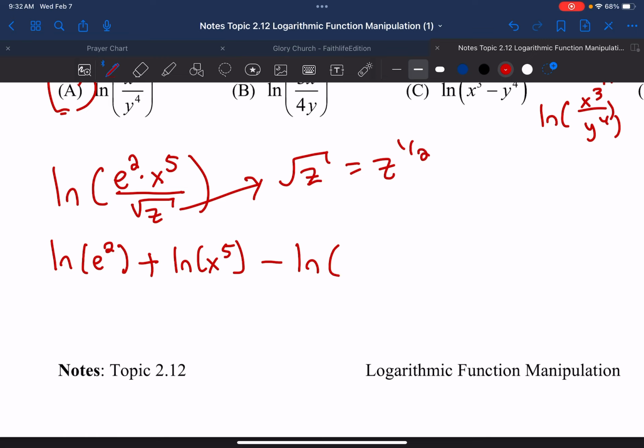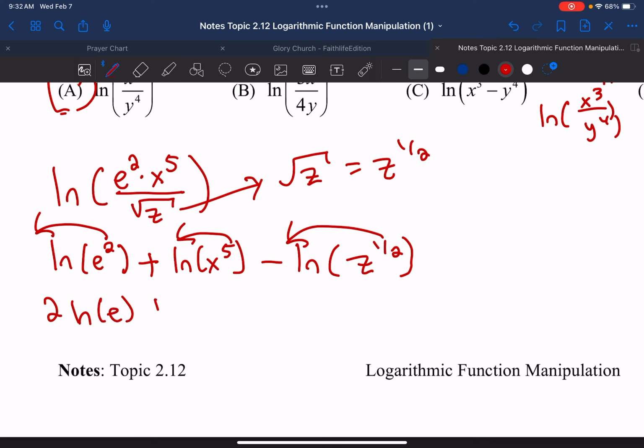So I'm going to go ahead and rewrite that as an exponent because it works out nice. z to the 1/2. Okay. Move the exponents to the front. If I'm expanding, 2 ln of e plus 5 ln x minus 1/2 ln of z.